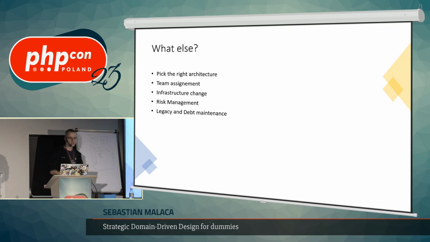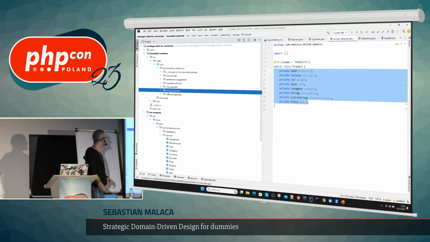And the last, but not the least, legacy and debt maintenance. If I have such separation, I know where to put my effort. Code will rot. Code will get worse with time, even if you don't touch it. So cart domain and shop domain, because this is our most important bounded context, those are the contexts where I'm putting the greatest effort from the maintenance perspective.